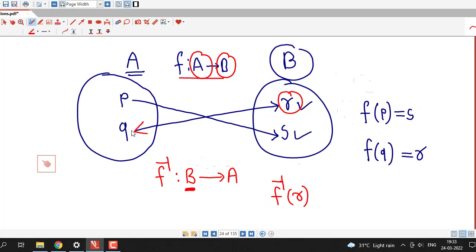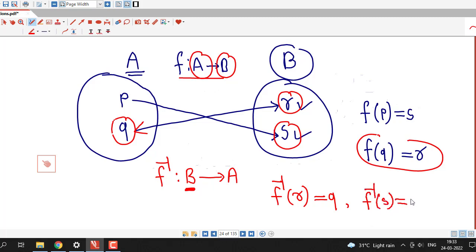If R is the image of Q under f, we will consider Q as the image of R under f inverse, that is f inverse R equal to Q, because f of Q equal to R, therefore f inverse R is Q.